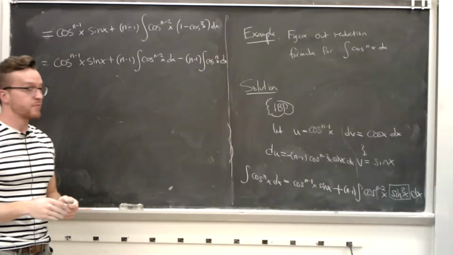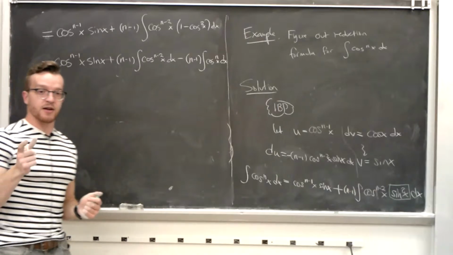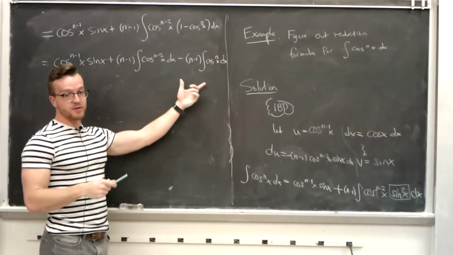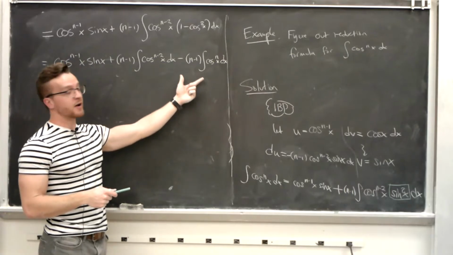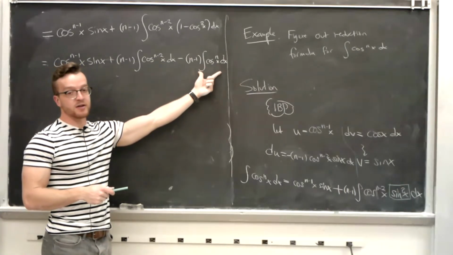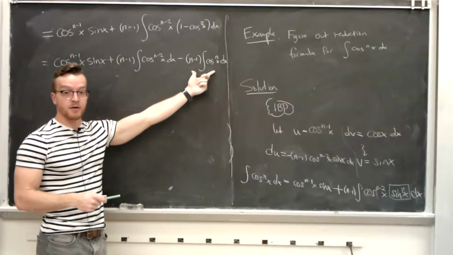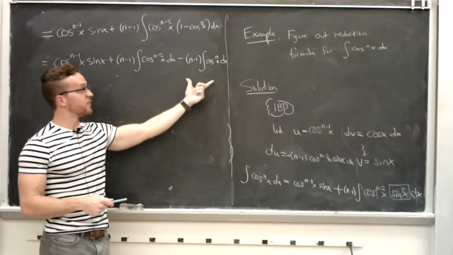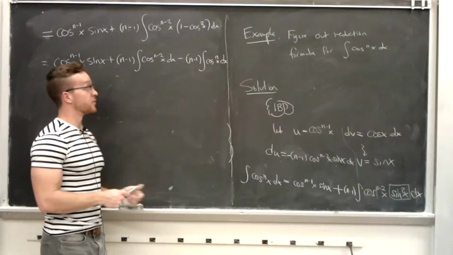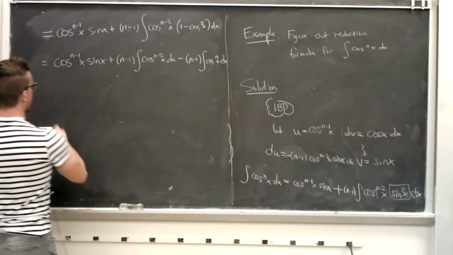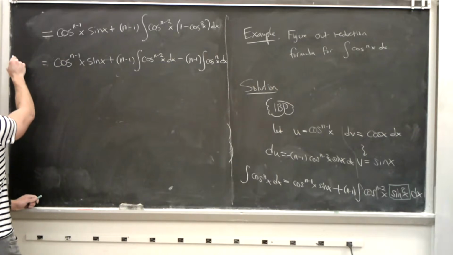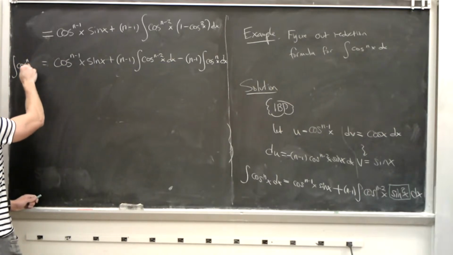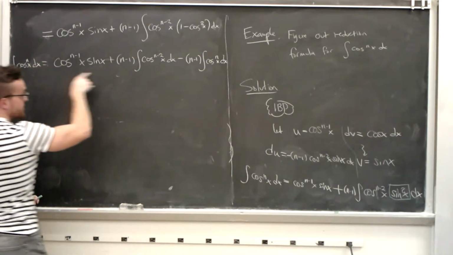Okay. And then just like in that integration by parts problem that we did a long time ago now, we end up with an integral that we started with. And that's fine because I can just algebraically relate it back to itself to solve for that integral. So in particular, what we've shown is that the integral of cosine to the n is this stuff.